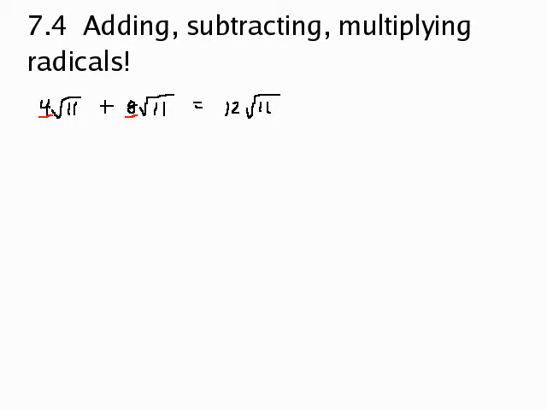And the reason you can add radicals is if you remember your distributive property, you can factor out of those two terms the square root of 11, and what would be left is 4 plus 8, and that's how you add radicals. All right, you can also subtract them the same way.